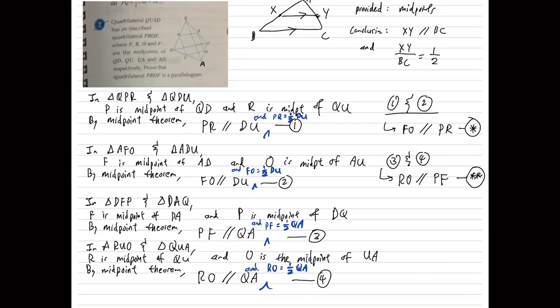So from the single asterisk and the double asterisk, we conclude that we have opposite pairs of sides being parallel, which means that PROF is a parallelogram.